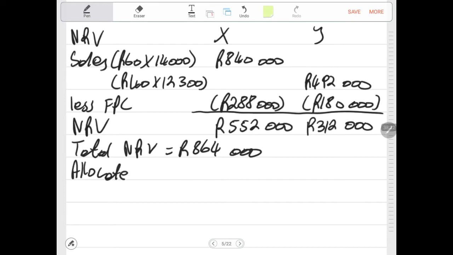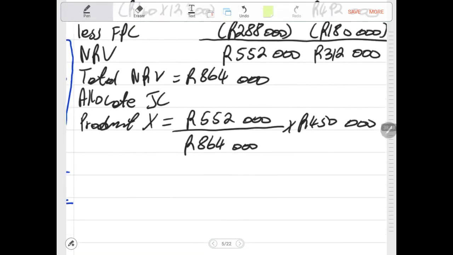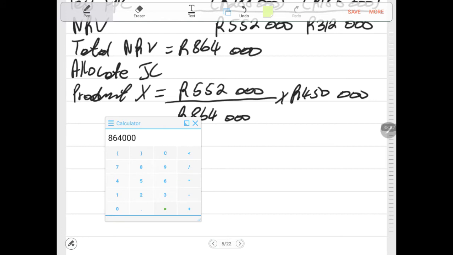Now we can allocate our joint cost to our products, which is product X. How do we do that? We say net realizable value for product X, 552,000, divide this by the total NRV, 864,000, and we multiply this by the joint cost of 450,000 after they were adjusted by the revenue from the sale of the byproduct.